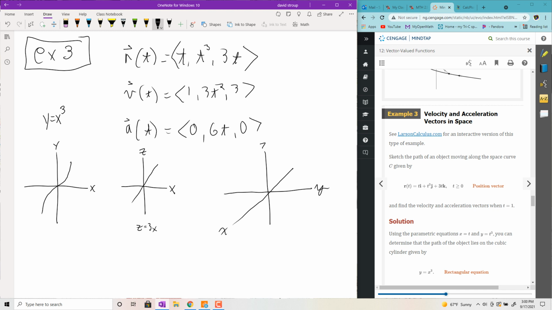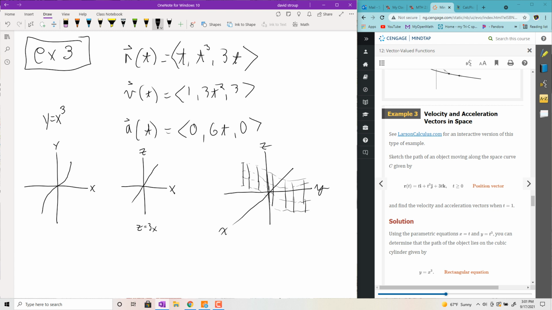X, Y, Z. So we got this plane kind of going like this. This would be the trace in the XY plane, and then just kind of repeating itself. So it would be like this surface, and then on that you're going to be plotting out the thing, right?